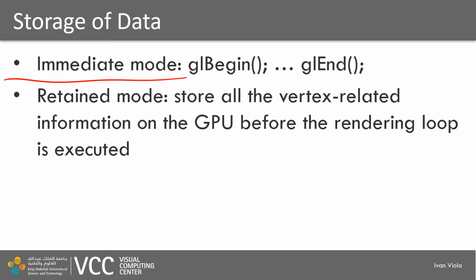And typically we would use the vertex information which we are uploading onto the GPU. Imagine that we have a certain landscape and this landscape is not changing. So there is no point in sending this information over and over again from the CPU to the GPU, from the host to the device. So we can upload it once and then it will be on the GPU, and from that memory we will be accessing it. So that's the retained mode, which is more or less the common approach these days.